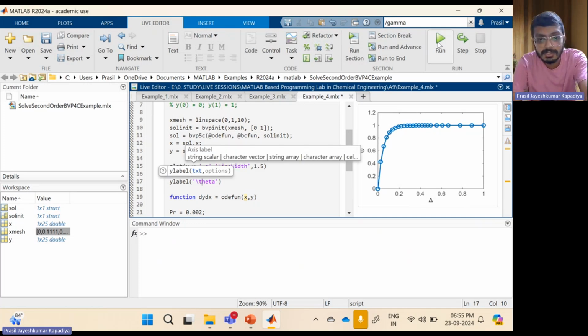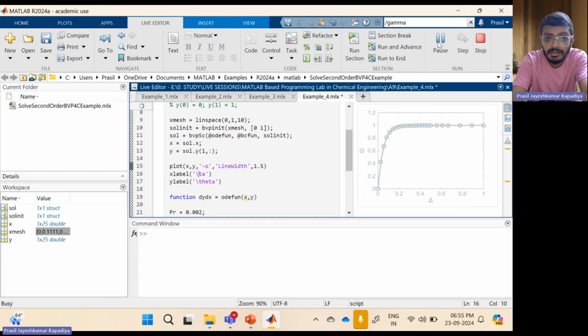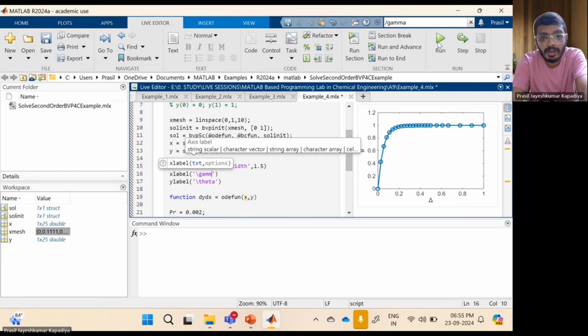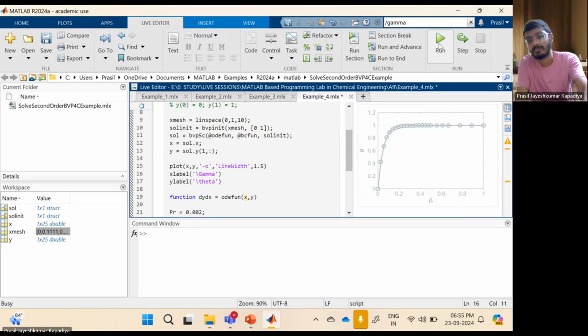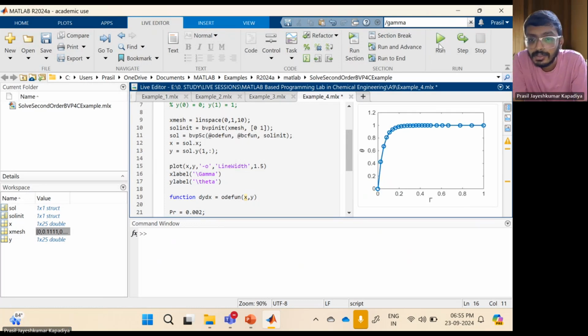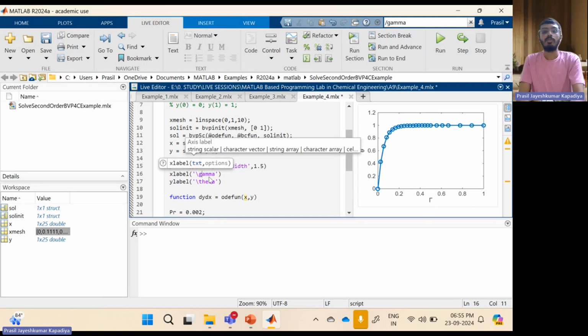Our initial thing was theta and gamma. Okay, how does capital gamma look? See, this is my capital gamma. So this is how you can do this. So till now, we have learned how we can use the BVP4C and BVP5C functions.